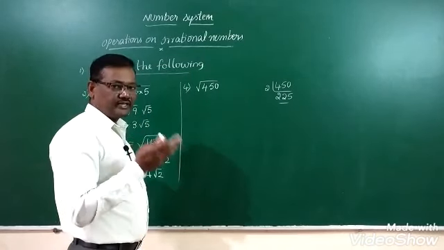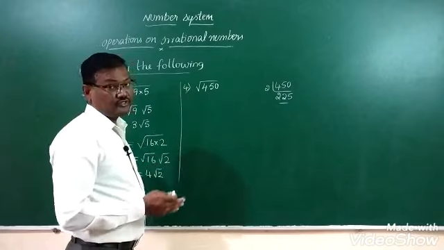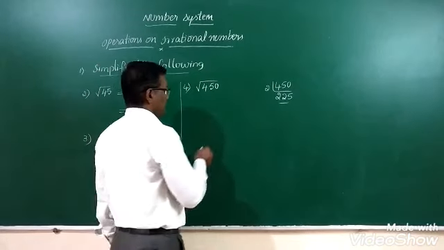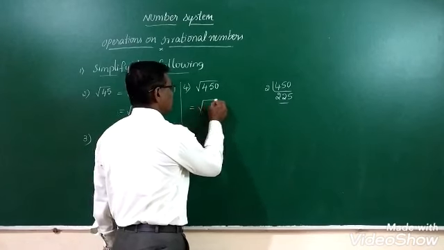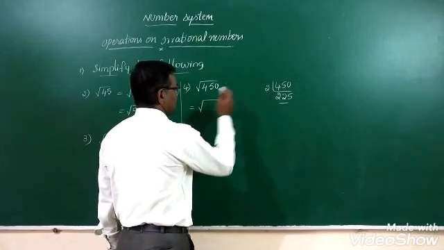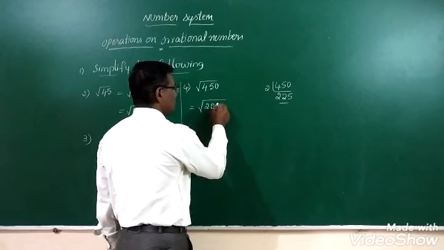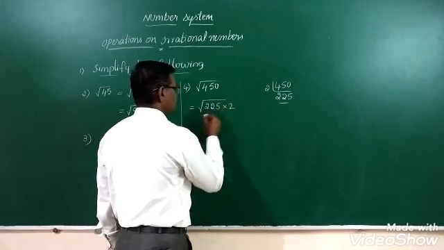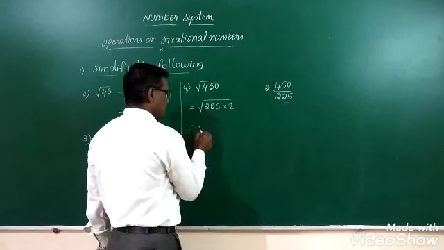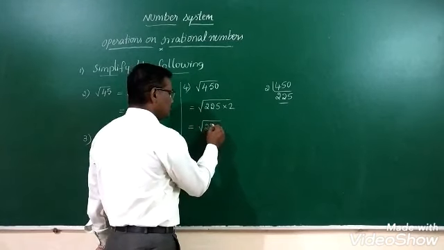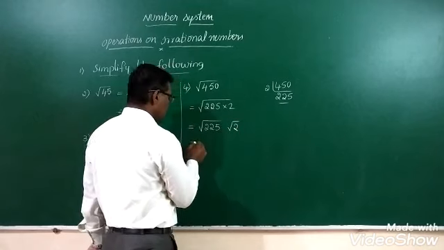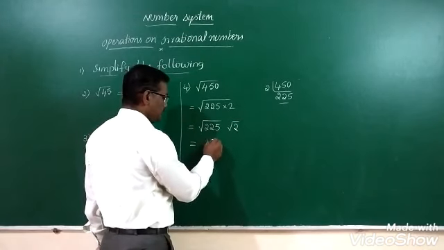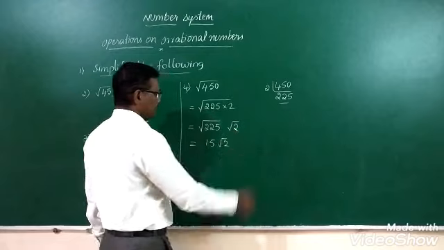What is the square root of 225? 15. Yes. Here the square root of 450 is nothing but root of 225 into 2. It can be split as root 225 into root 2. Root 225 is 15, so 15 root 2.